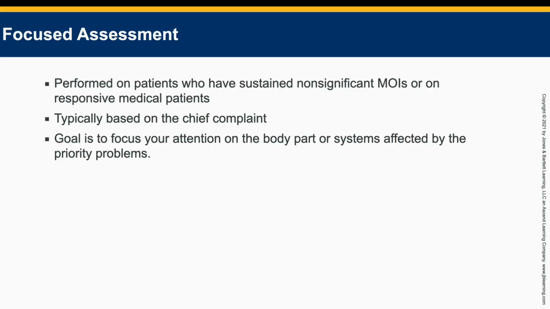So, for example, a patient that's complaining of ankle pain after a fall may only require an assessment of the ankle and the surrounding structures, whereas a patient with shortness of breath may require a focused respiratory exam. The goal of the focused assessment is to direct your attention to the areas most likely to be affected, allowing you to quickly identify the problem and provide appropriate care.